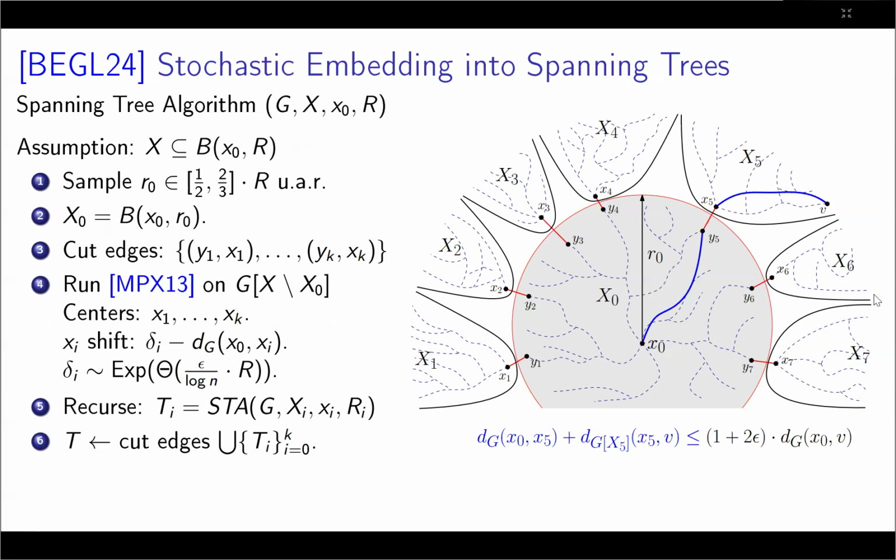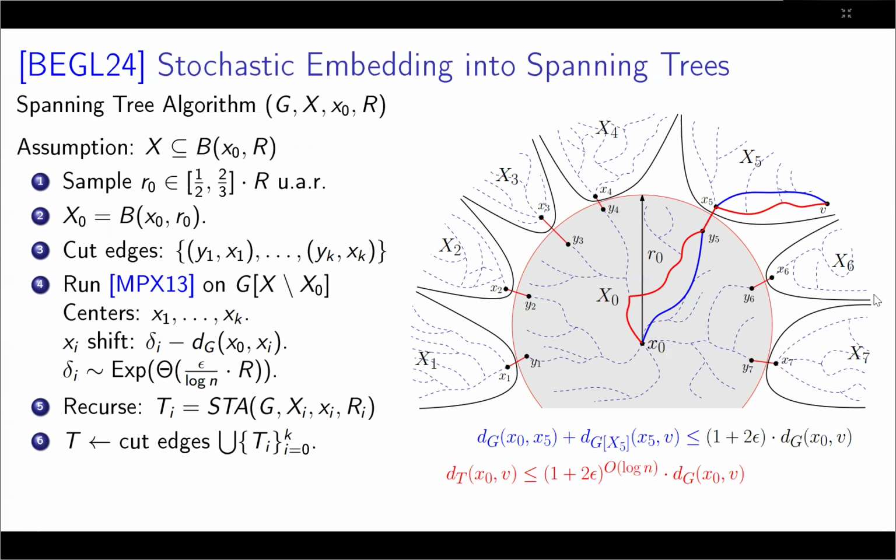And we know that in the first step, it could increase by a 1 plus epsilon factor. And if you assume a polynomial aspect ratio, the depth of the algorithm is at most log n, we can prove that in each recursive call, you will lose an additional 1 plus epsilon factor. So overall, you can prove that eventually the distance will be the actual distance times 1 plus epsilon to the power of the depth of the recursion, which we assume is log n.